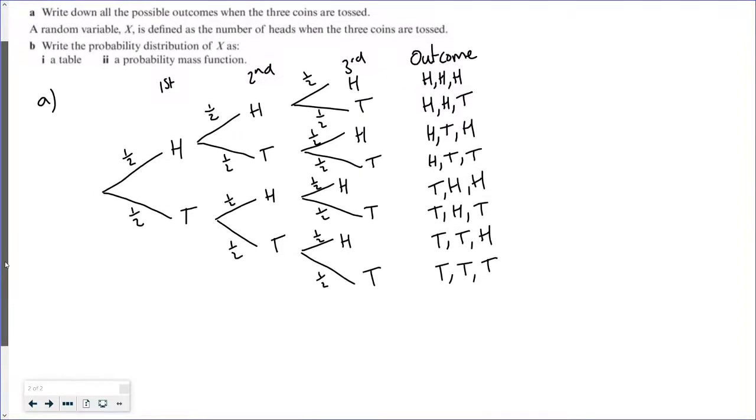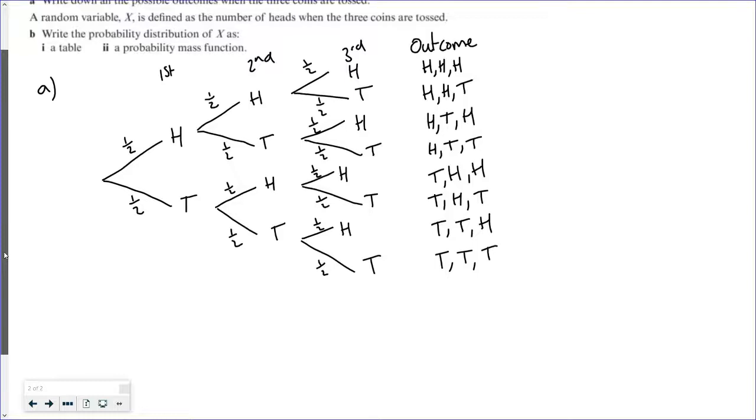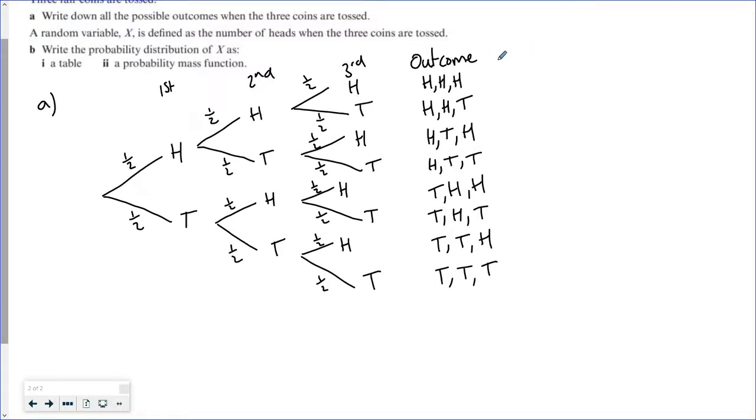Well, we've got this random variable x, which is defined to be the number of heads when the 3 coins are tossed. Before we do that, we should probably write down the probability of each of these outcomes. And actually, all of these outcomes have the same probability.